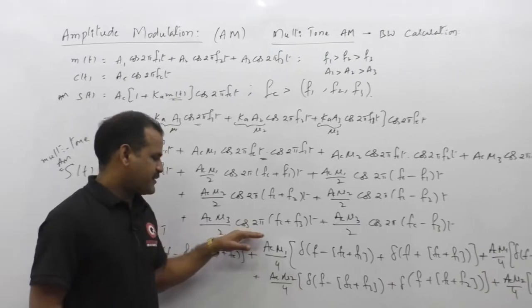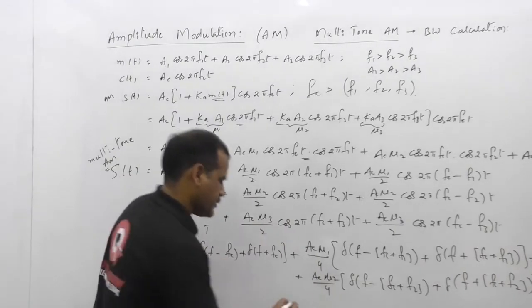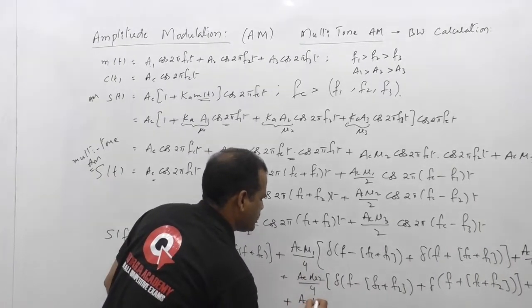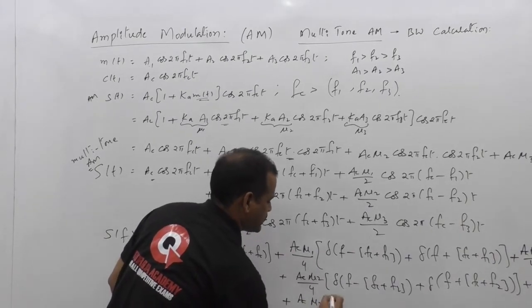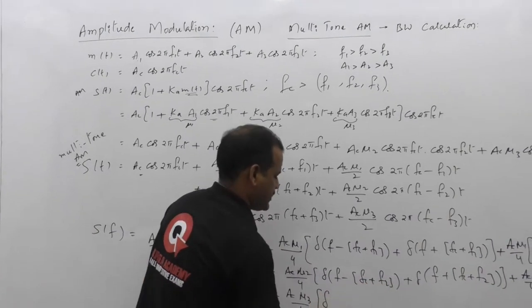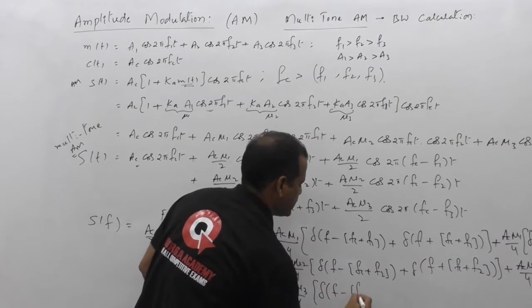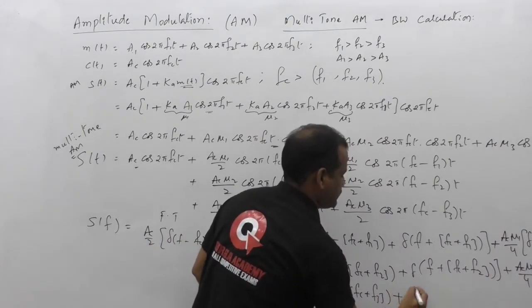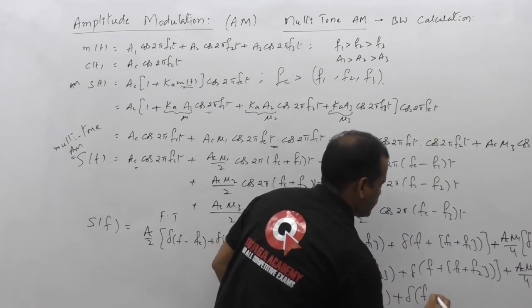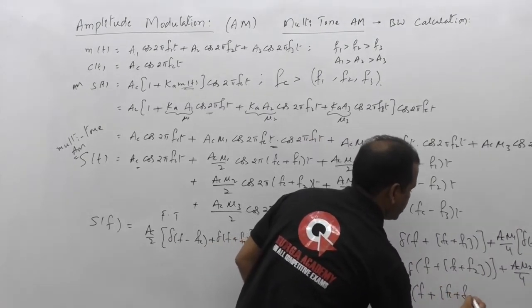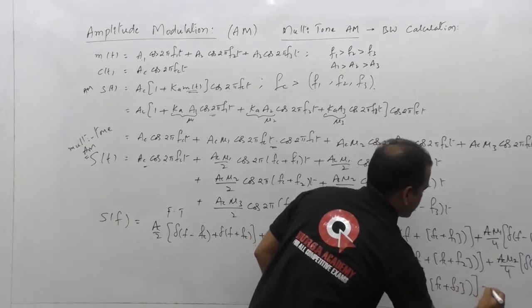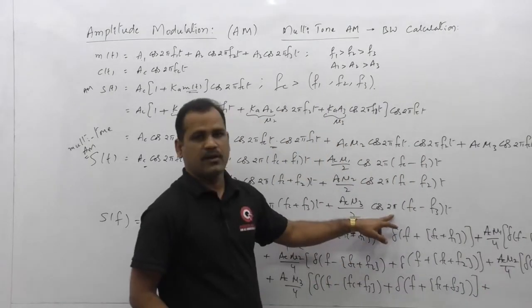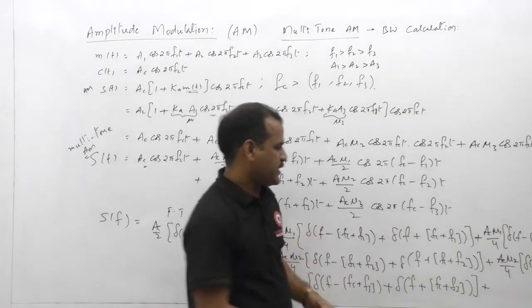Similarly, we can write the third upper sideband here: AC mu 3 by 4 this time, and f2 we can replace with f3. So we will get del of f minus fc plus f3 here, and this term del of f plus fc plus f3, and then the last term, the third lower sideband cos term, this Fourier transform.